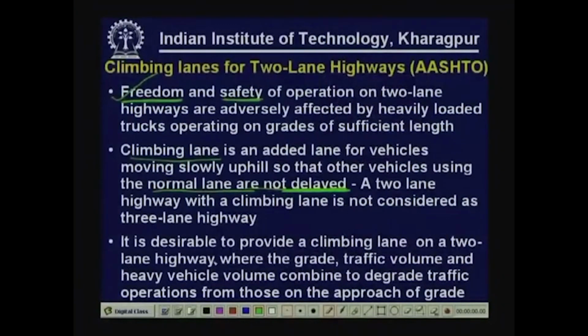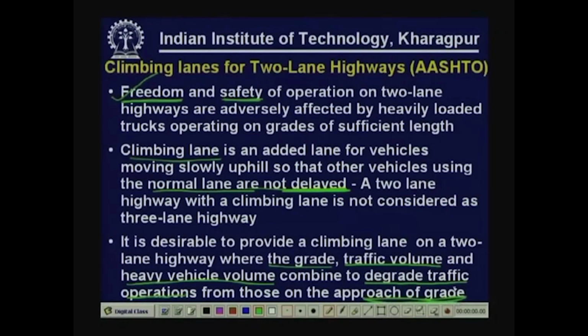It is desirable to provide a climbing lane on a two-lane highway where, number one, the grade, number two, the traffic volume, and number three, the heavy vehicle volume altogether cause sufficient degradation of traffic operation from that on the approach grade.